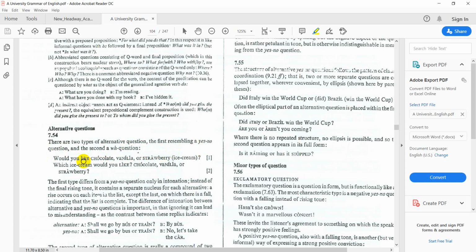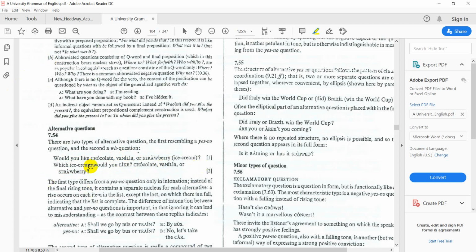In the first one, we depend on the operator found in the sentence, and we give choices. So I ask by the operator and I give choices. But of course, the reply will not be yes or no. It will be by choosing one of these choices.